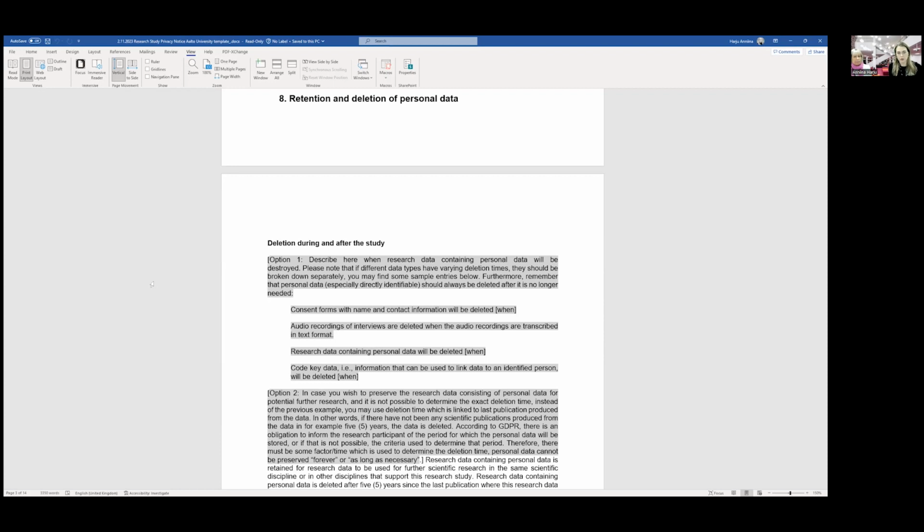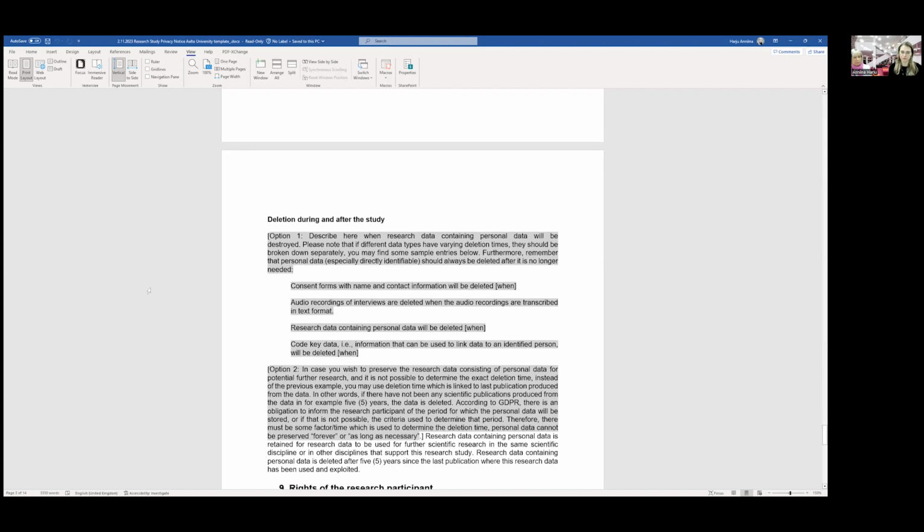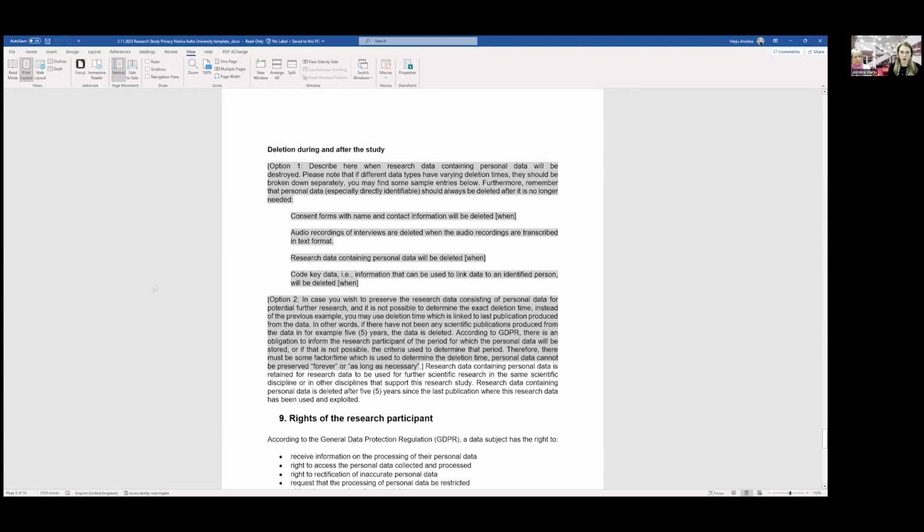So you can't use phrases saying that the data will be kept forever, or as long as you feel that it's interesting, or as long as necessary, because this is way too vague. But we again have examples written for you here.